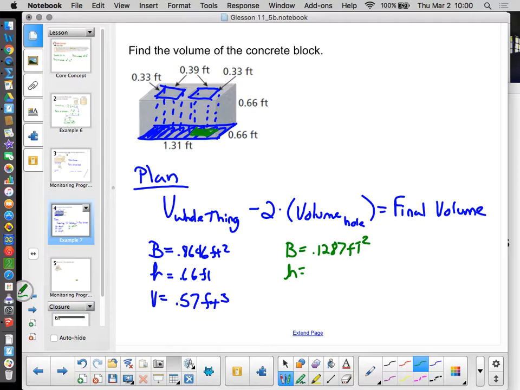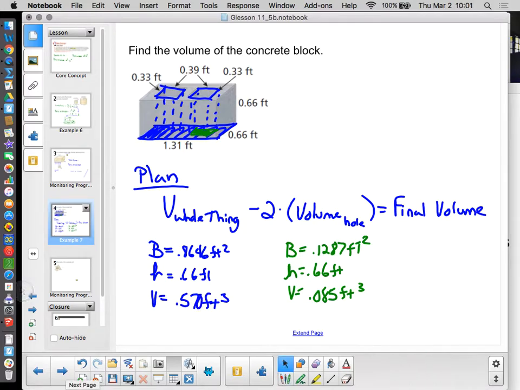The height is still 0.66 feet. So the volume of one hole is 0.085 feet cubed. So make this 0.570, because that was three decimals, the same thing.